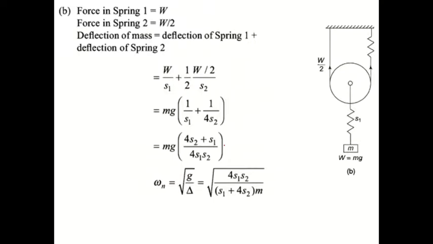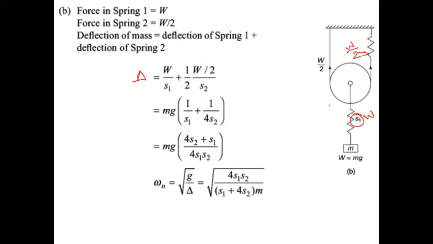For this spring, the load value will be W, but for this spring, the load value will be W by 2, because on both sides the load will be shared. Both sides take half of the load value. So the formula for deflection is W by S1.